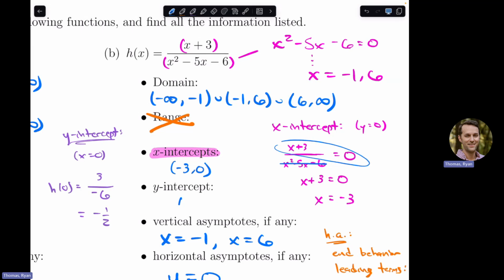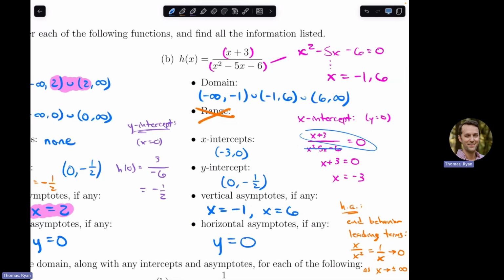So the y-intercept is 0, -1/2. I know there's stuff all over the place. It's the math. The version of Blackboard's prettier, right? Look at that if you need to refer back to stuff.